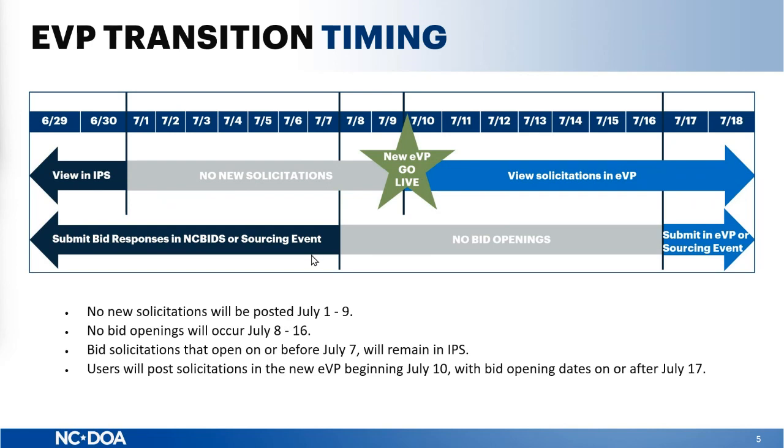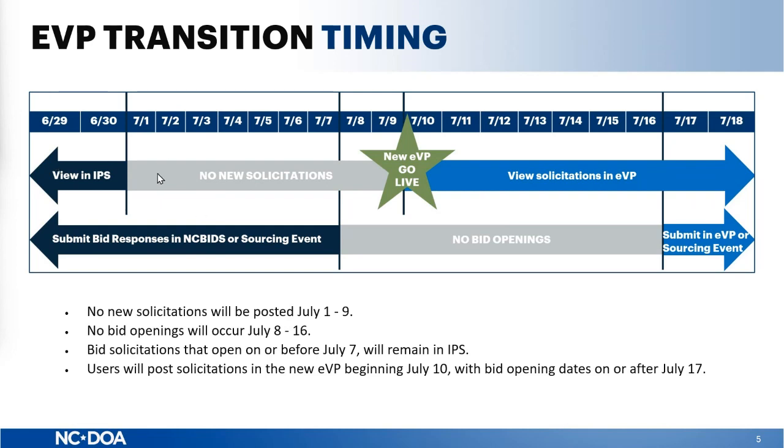The last day that a solicitation can be completed, meaning you get to the point where bids are due and you can open the bid responses within IPS, is going to be July 7th. So if you are posting something by Friday, it has to have a bid opening date by July 7th. That is probably not going to give the vendors enough time to respond.